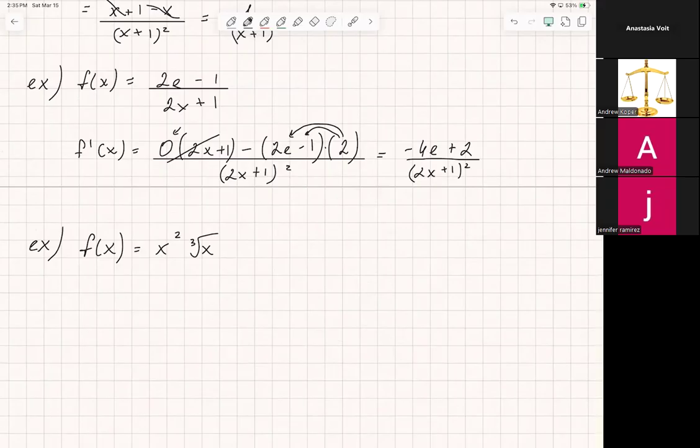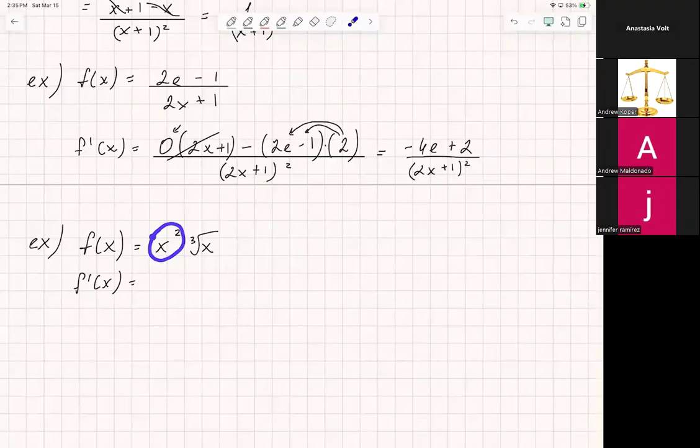So for the product rule, we have the derivative of the first function times the second function, right? So we have 2x times cube root of x. Now, plus, when we have a product rule, instead of minus, we use a plus here. So plus the first function times the derivative of the second function.